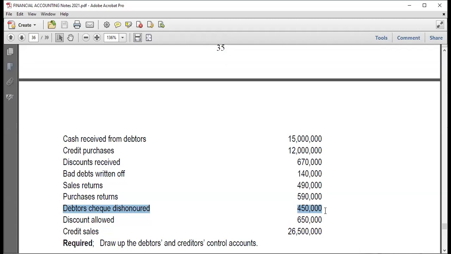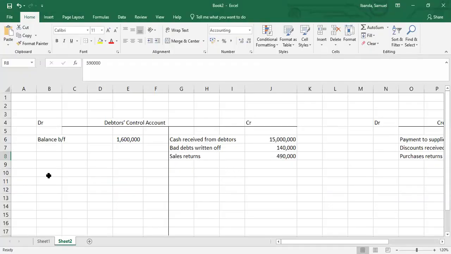Basically, our debtors are re-increasing. The reason they are re-increasing is because they have actually not paid us, okay? So what I'll basically do, I'll come here and debit my debtors control value. So this is 4,450,000, okay?